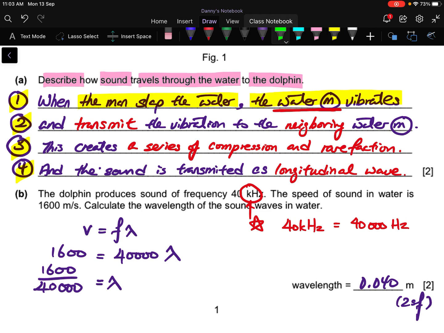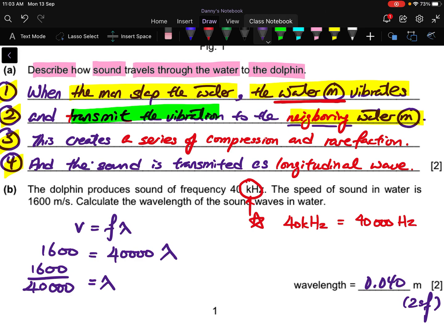After that, it is very important for you to highlight in your answer that this vibration is first transmitted to the water molecule that is next to the source of vibration. So this keyword, neighboring, becomes crucial in your answer, and we only accept this one adjective. So you must memorize it.